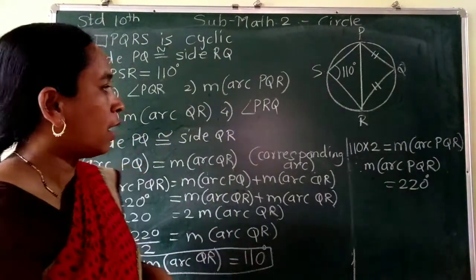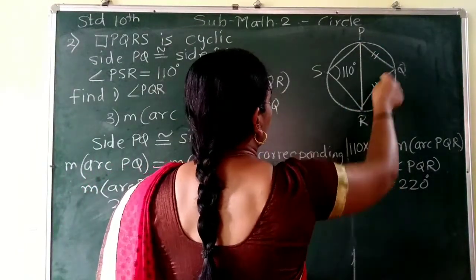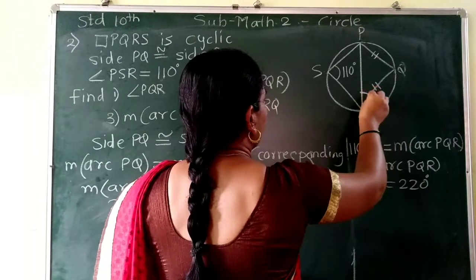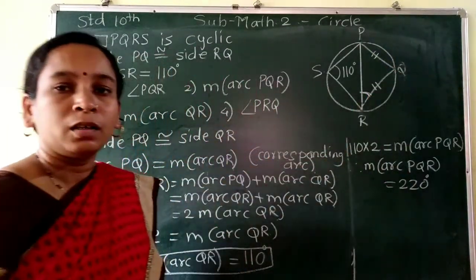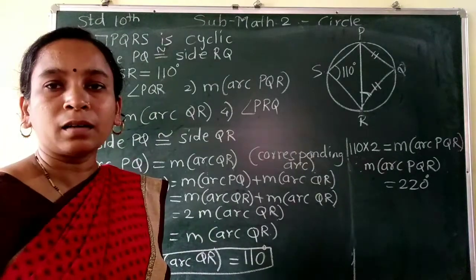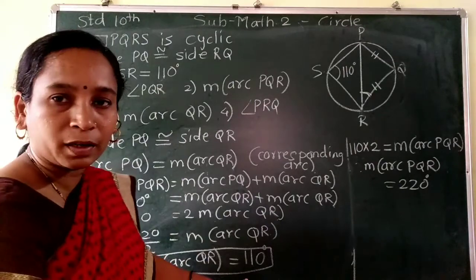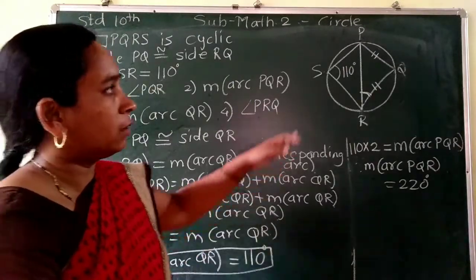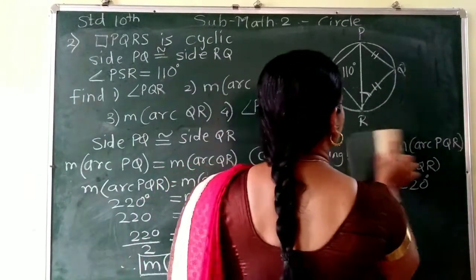Fourth question, angle PRQ. Angle PRQ is an inscribed angle. And the intercepted arc for this is nothing but arc PQ. The measurement of arc QR we have got is 110. So the same measurement the arc PQ will have. So I'll rub this part.